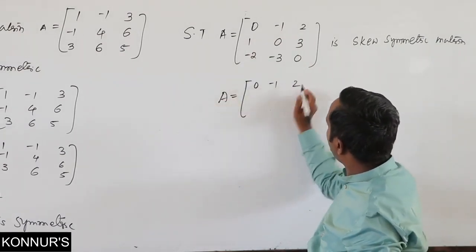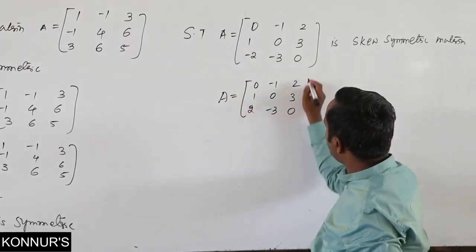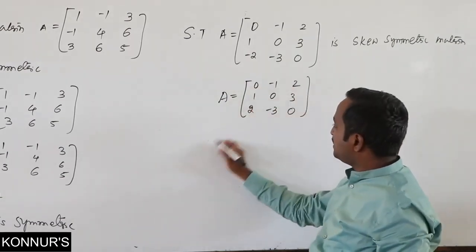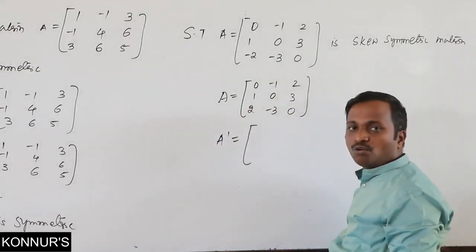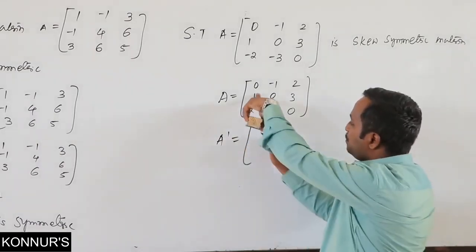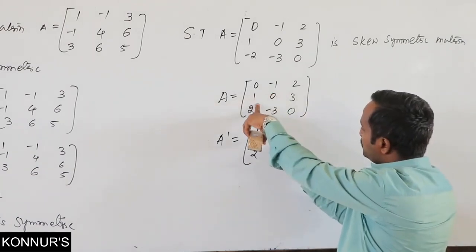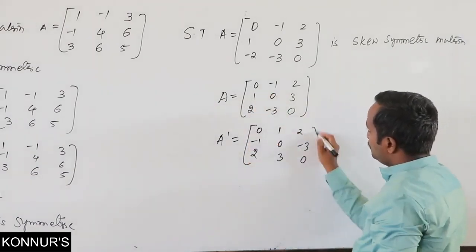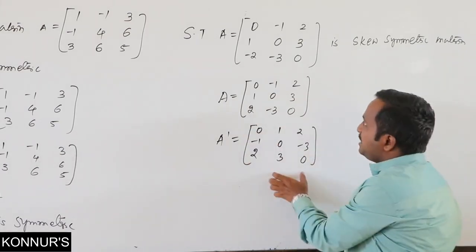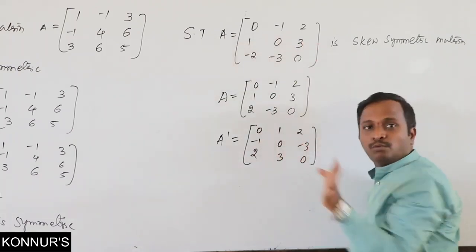A is 0 minus 1 2, 1 0 3, 2 minus 3 0. This is the A matrix. I will write A dash. A dash becomes: row becomes column, column becomes row. 0, minus 1, 2, 1, 0, 3, 2, minus 3, 0. Is it A? No. Both are different.